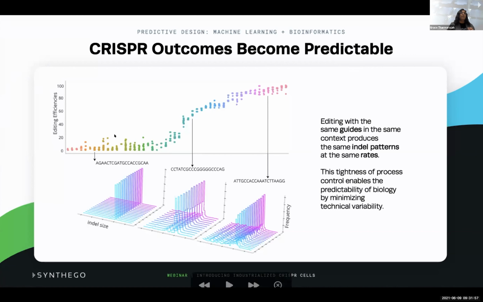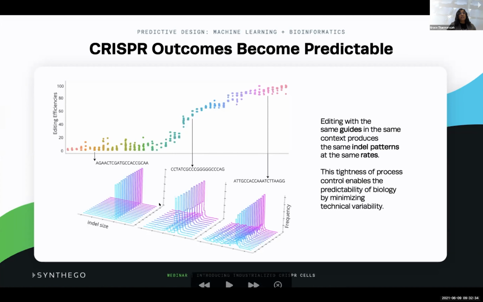So we've taken examples of guides with low editing efficiency, moderate, and high, just to get an understanding of what we're looking at. And what we're showing here is we've repeated that edit with the same guide up to 12 times or more. And that's represented by each one of these colored lines as you move upward. And so what you're seeing here now is that for these repeated single guide edits, the indel size, which is along here, stays the same.